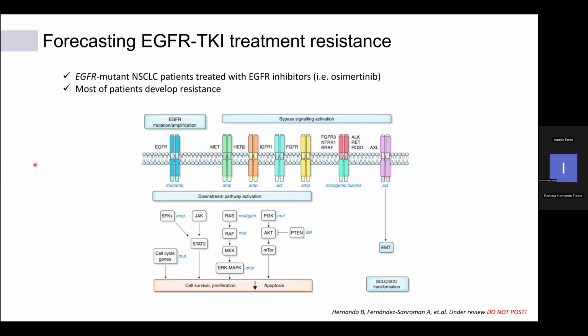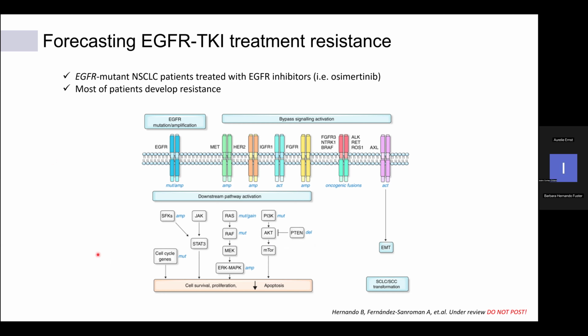So we were interested in predicting the resistance to EGFR inhibitors, because this is a treatment that is normally used as a first line for non-small cell lung cancers that have EGFR mutations. These patients normally respond quite well at the beginning, but most of them develop resistance.